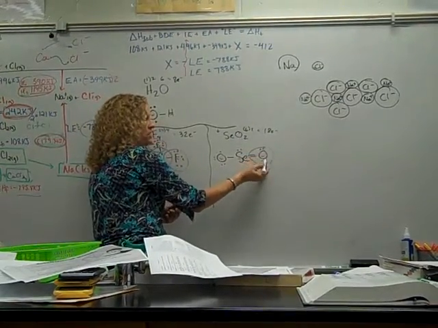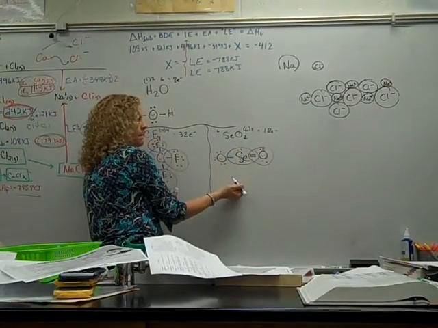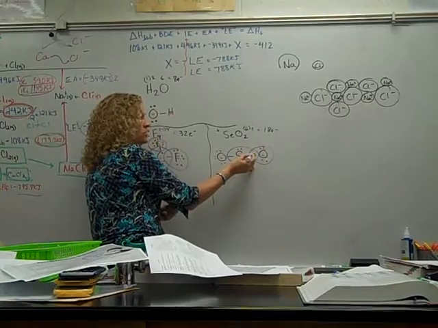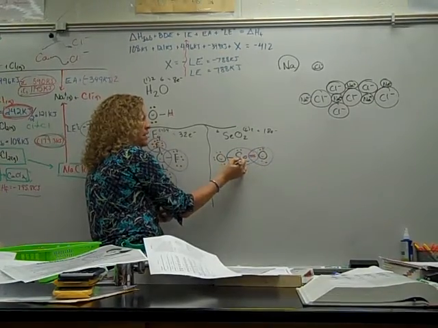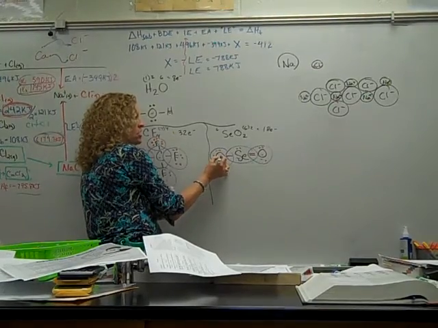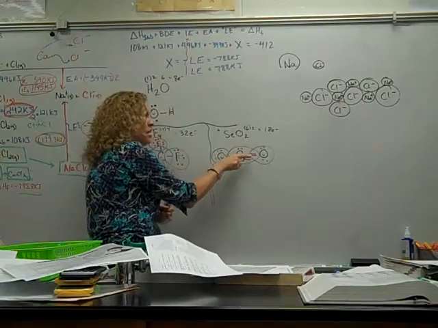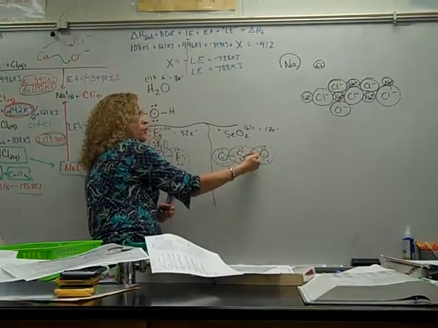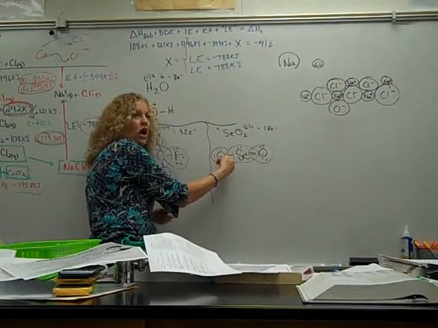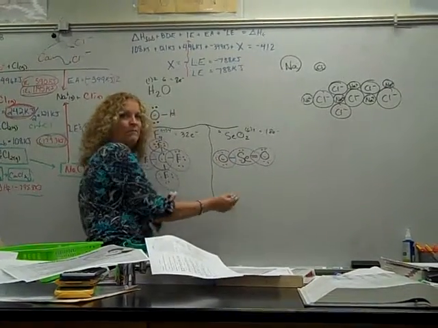Yes, 2, 4, 6, 8. Is selenium now happy? Yeah. 2, 4, 6, 8. And is this oxygen happy? 2, 4, 6, 8. Just to note, guys, it does not matter whether you put the double bond over here or over here. We'll talk about what that means later, but you can put it in any position that works.